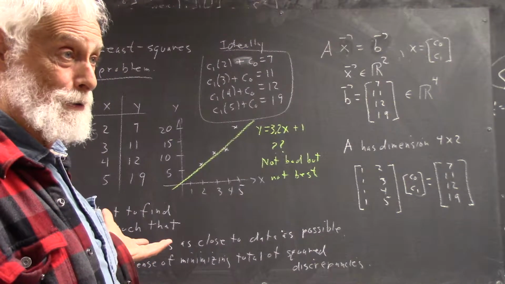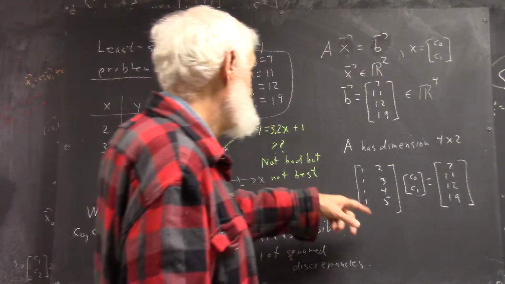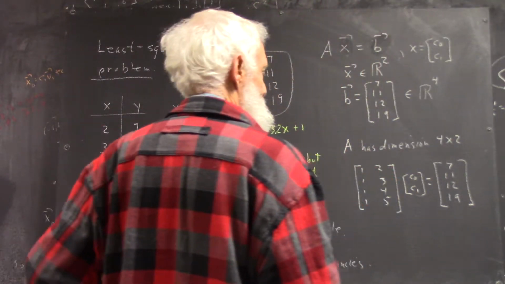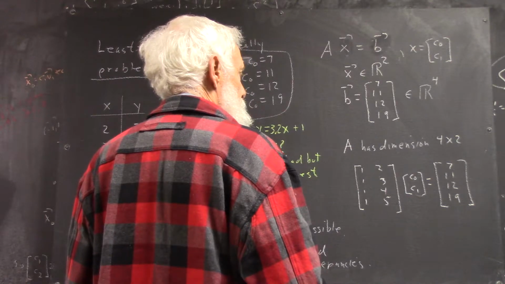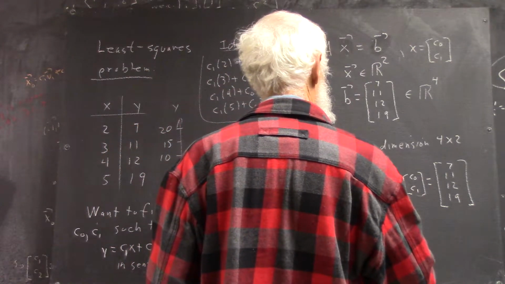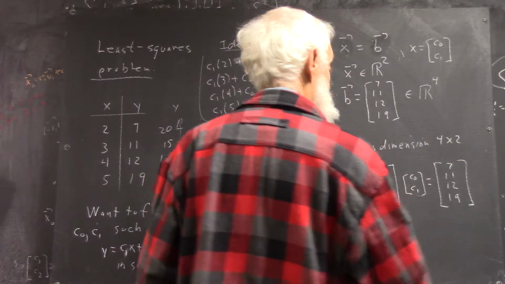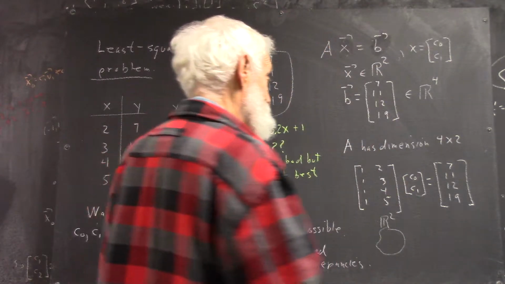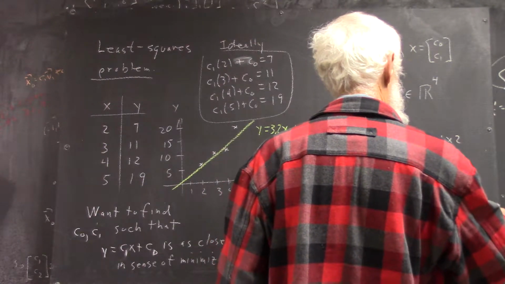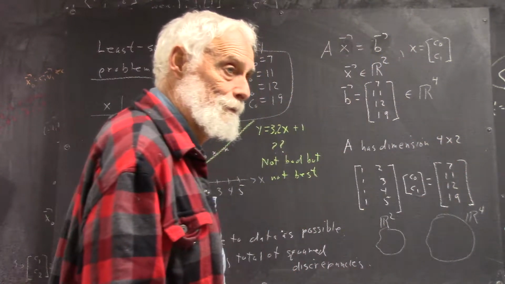So what do we do? Well, C0 and C1 are vectors in R2. So you've got R2 here, right? And you're mapping to R4.